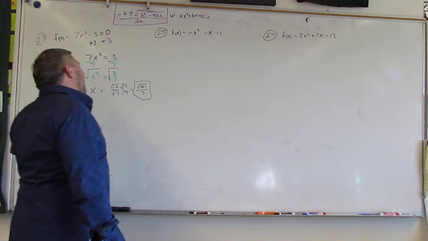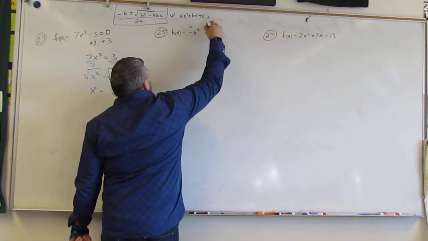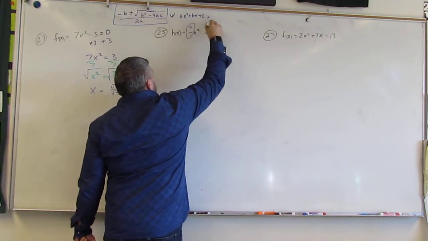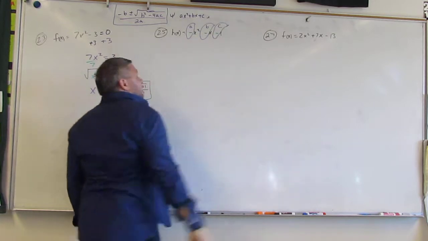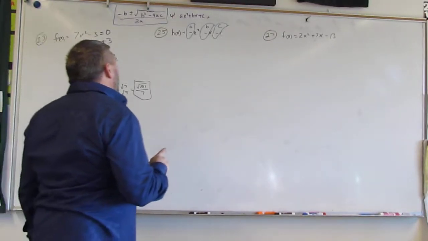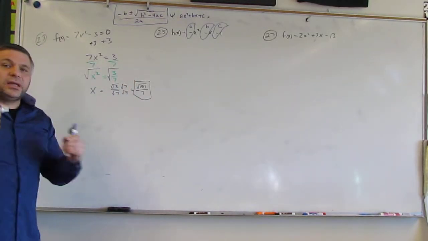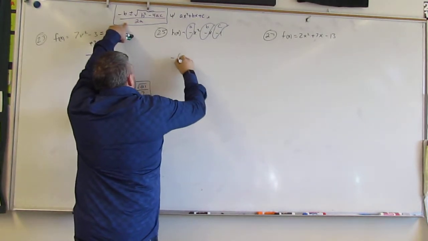Alright. Let's go through this. This is A. This is B. This is C. This is A. This is B. This is C. When I plug this in, I read this and I go negative B. Look at that.